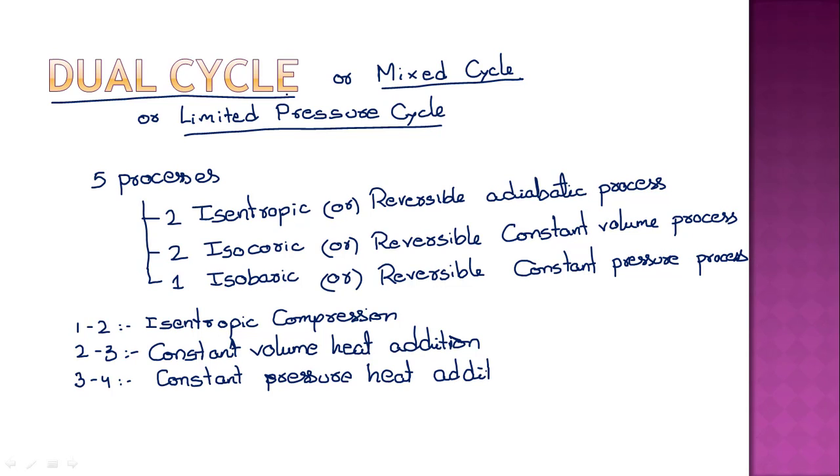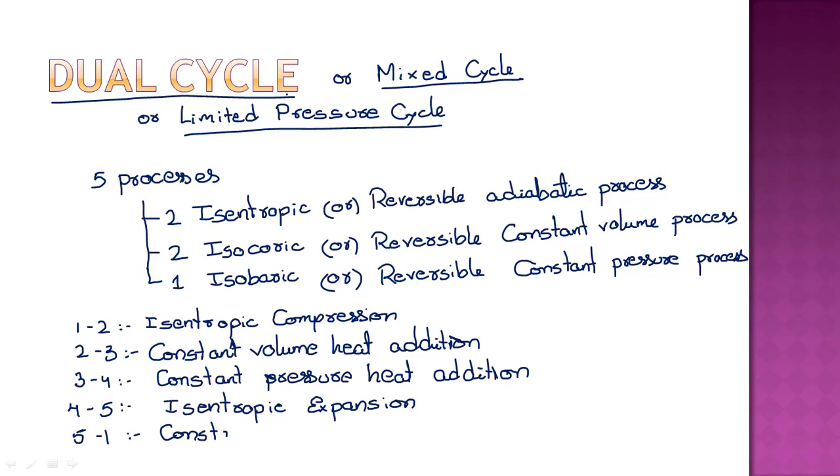Process 4 to 5 is isentropic expansion. And process 5 to 1 is constant volume heat rejection. So these are the five processes that we have.